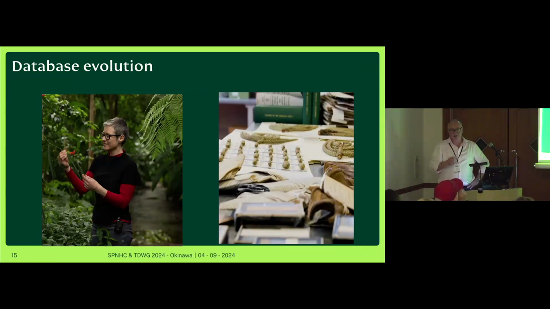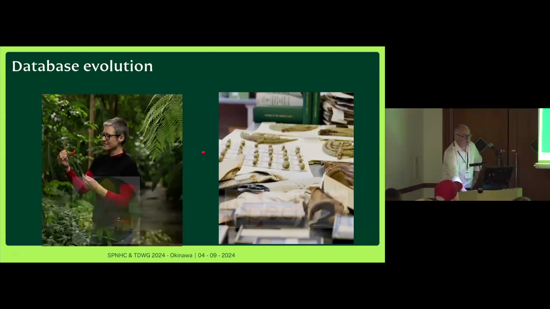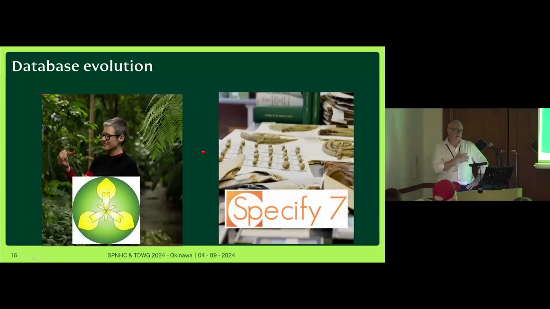And it's way too boring and painful to go into here. It is horrible, frankly. But we came to a decision at the end of it, and the decision was that we were going to go to IRIS-BG for the living collection and specify 7 for the herbarium.